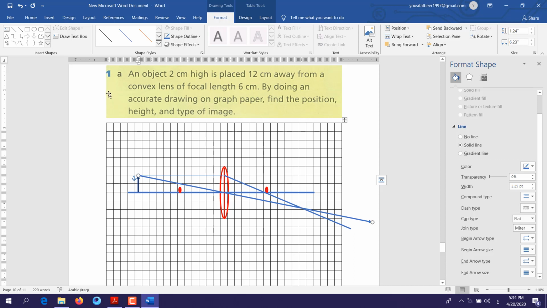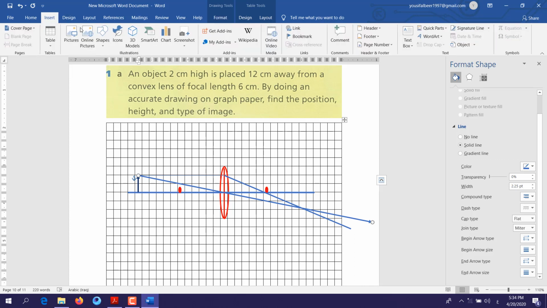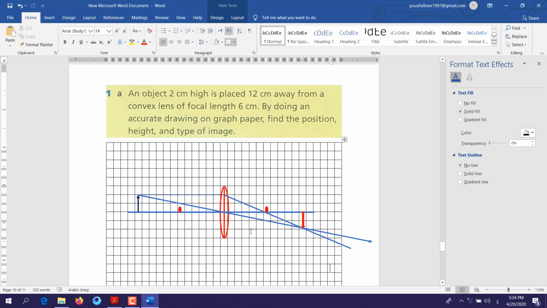Now how will the image be, the position, height, and type of image? Let's draw the image. Now as you can see, what happened here, okay, the position, if we count the distance here, it's 1 2 3 4 5 6 7 8 9 10 11 12.